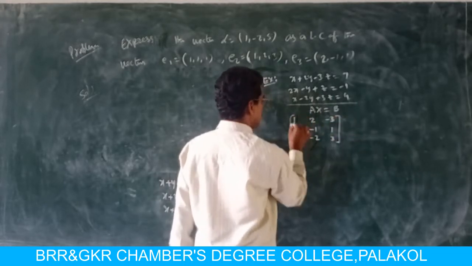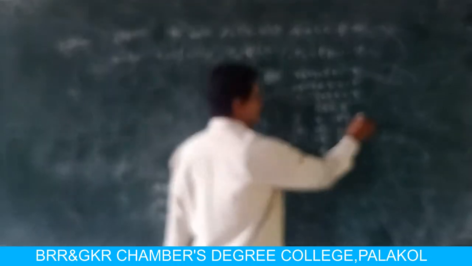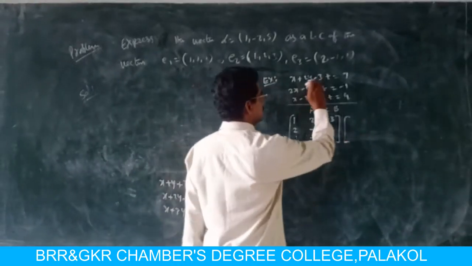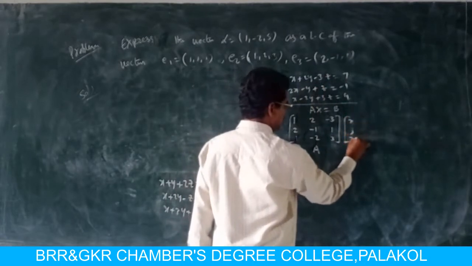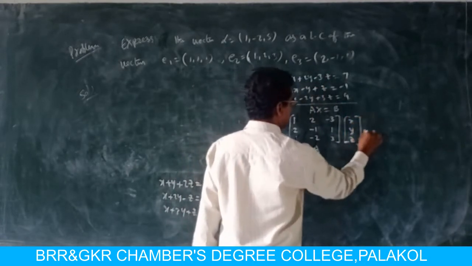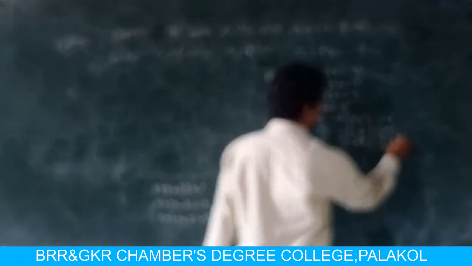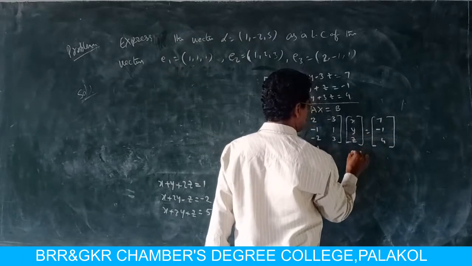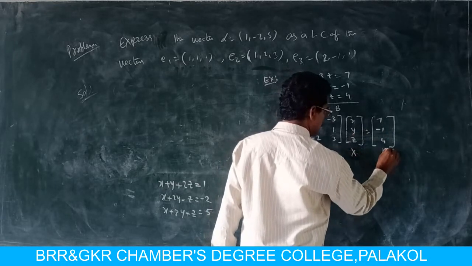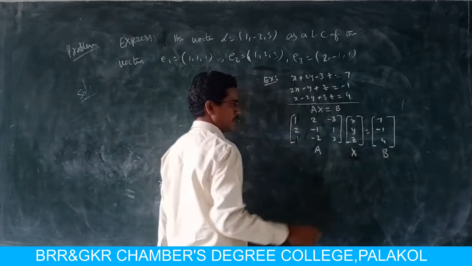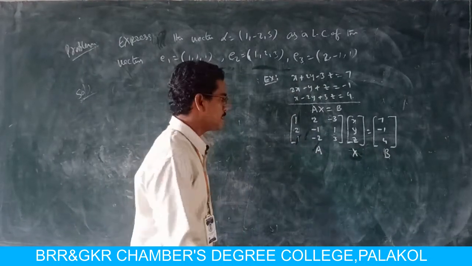This is the matrix capital A. Next, X means the variables x, y, z, and B means 7, minus 1, 4. This is the matrix B. This is x and this is B. Here is the matrix form Ax equal to B.